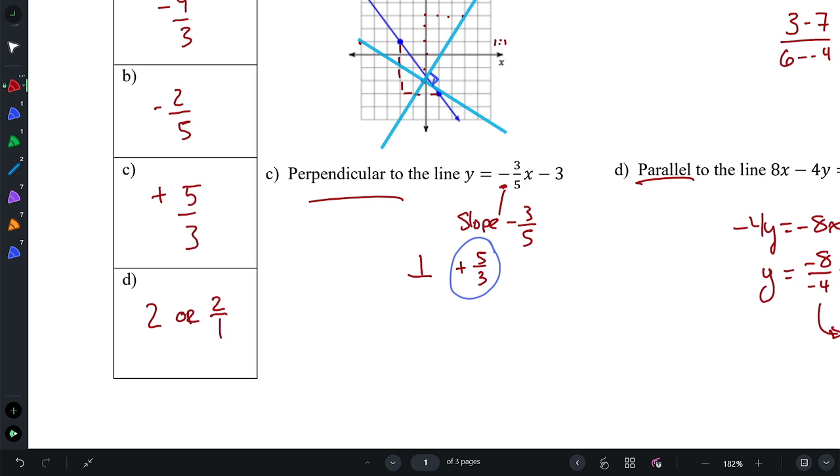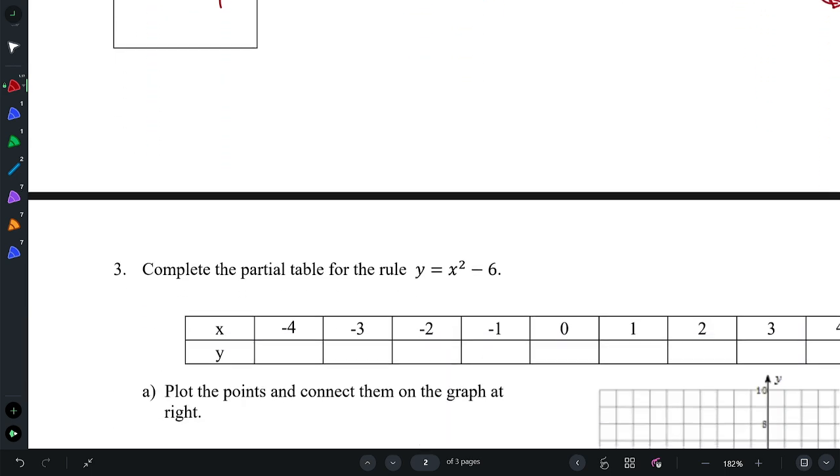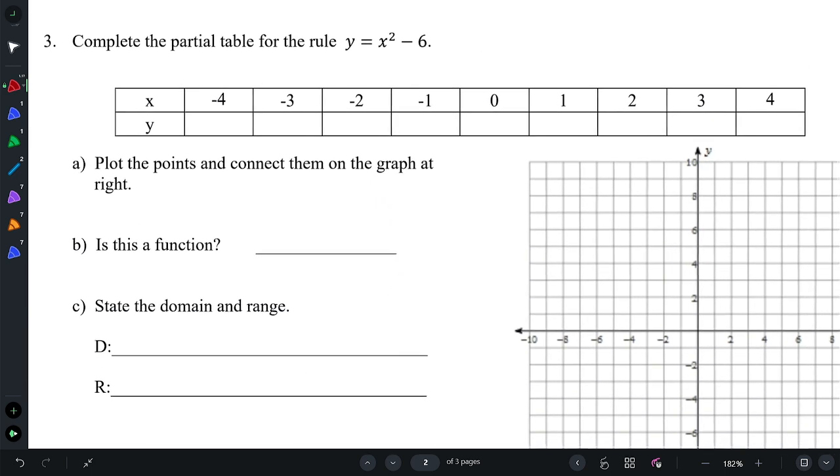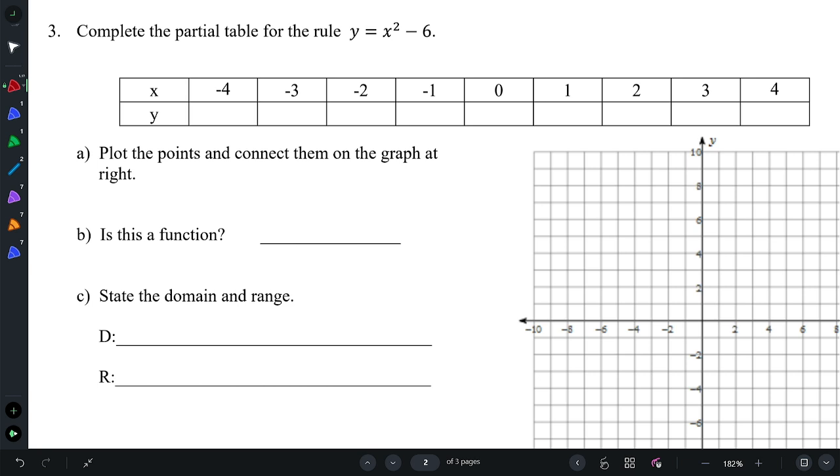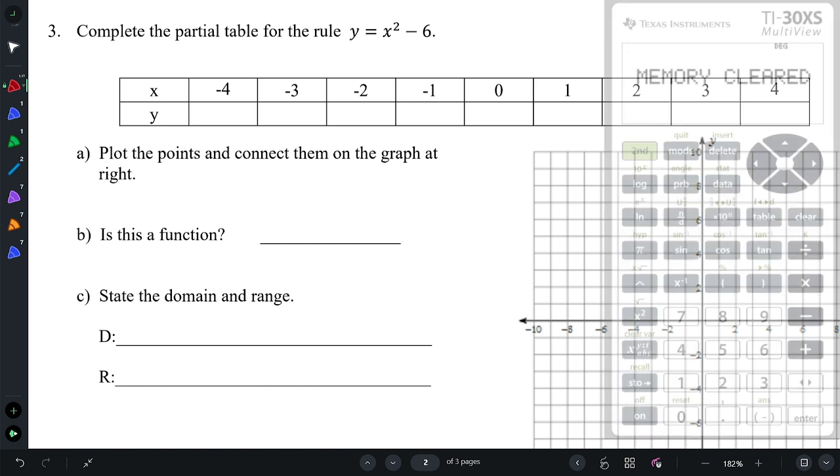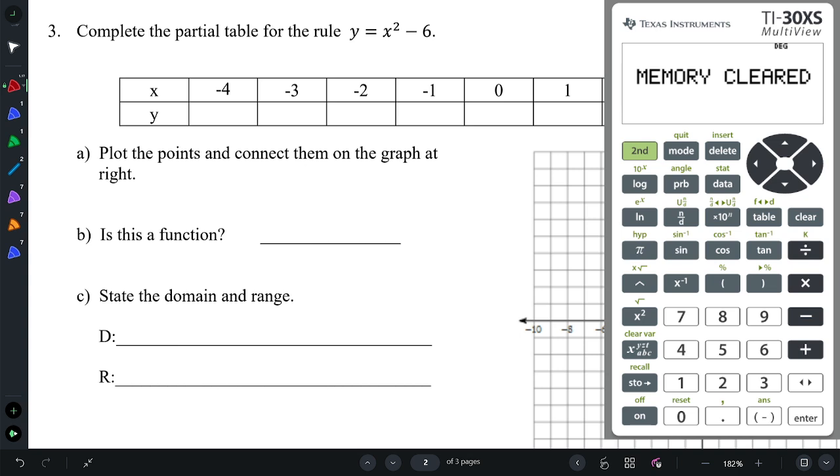All right, moving on to question number 3. It says we've got this rule, x gets squared, and then we subtract 6, and we are asked to complete a table of values here. So I'm going to go ahead and use my calculator, and I'm not ashamed to admit it. On this thing, if I hit table, it says, enter the function.